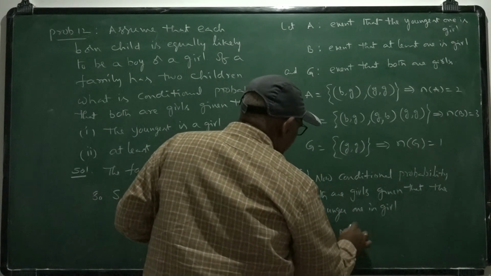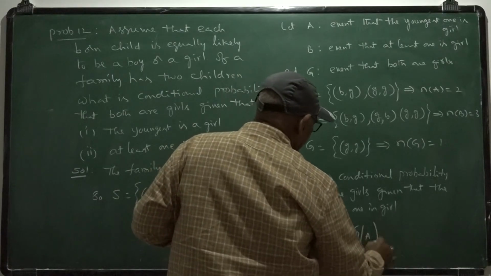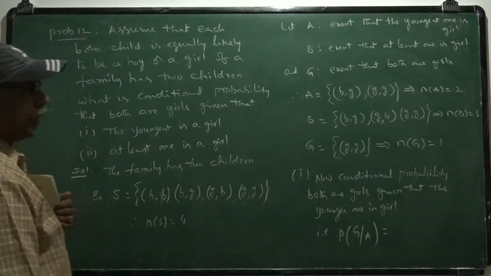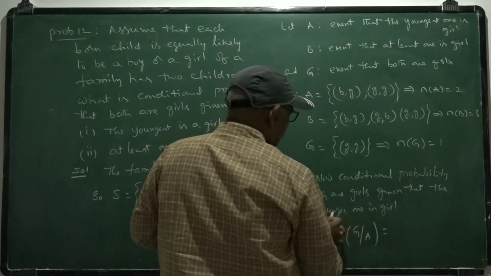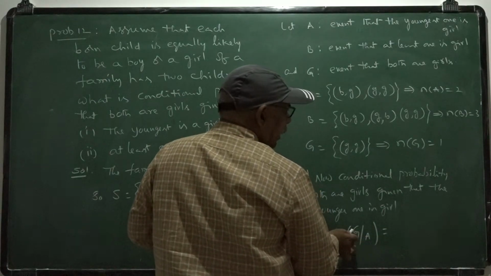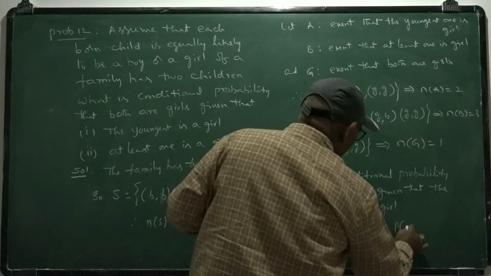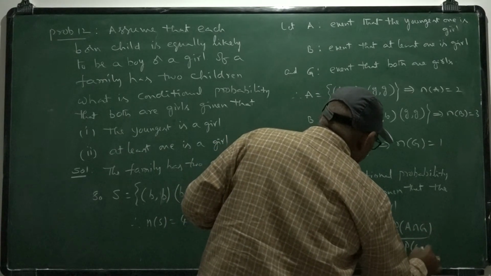That is the conditional probability of G on the occurrence of A. It is given that the younger one is girl, and the conditional probability of happening of G is probability of A intersection G by probability of G itself.